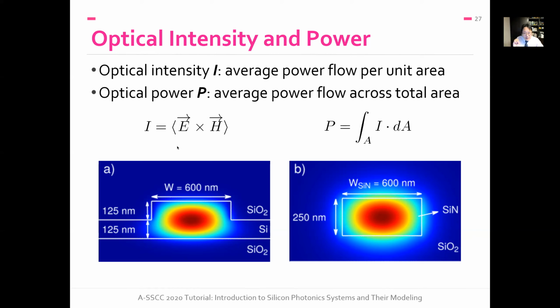It gives you the amount of power per area at a single point. So if you want to see the total power that your waveguide is propagating, you have to take the area integration of that intensity information, which is called optical power. So it's basically the average power flow across the total area.